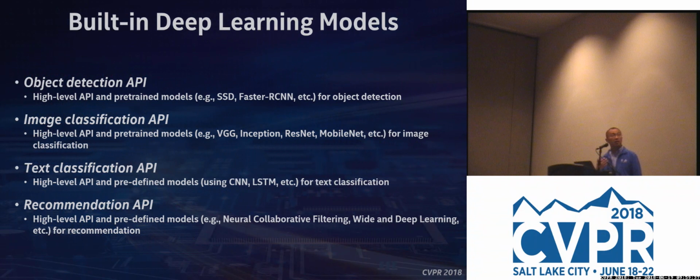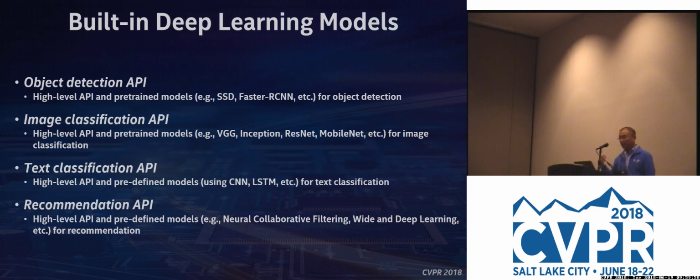It also provides a lot of built-in deep learning models, including object detection. For instance, it provides pre-trained models and a high-level API for you to build out your object detection applications, and also image classification models, text classification model, and recommendation model.